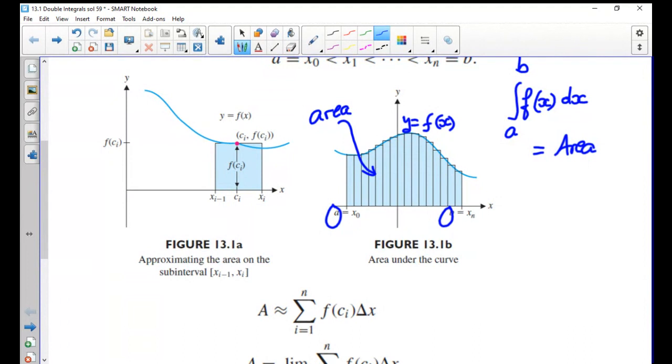So what we do really is divide into small rectangles like this. You can see that there are many rectangles. In each rectangle, this is what happens.